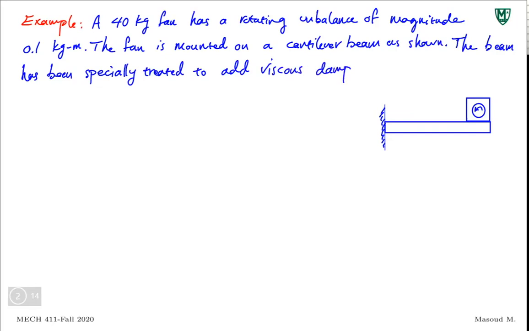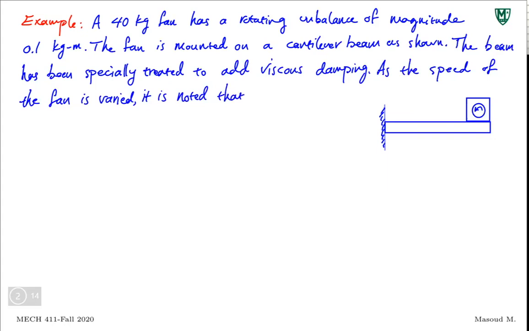As the speed of the fan is varied, it is noted that its maximum steady state amplitude is 20.3 millimeters.